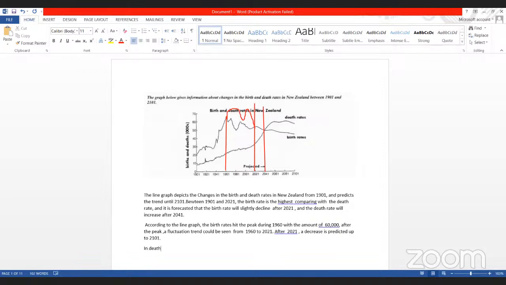In contrast, the death rates started around how much?